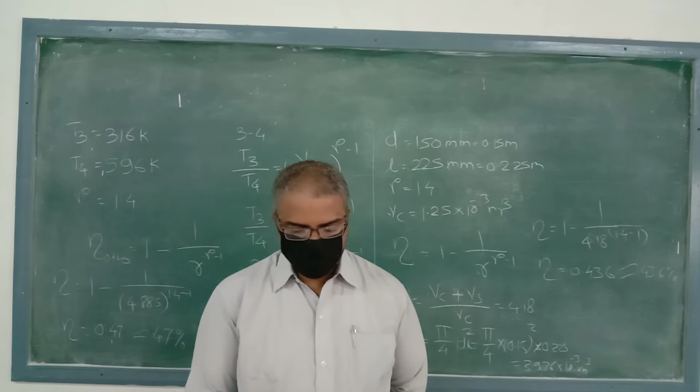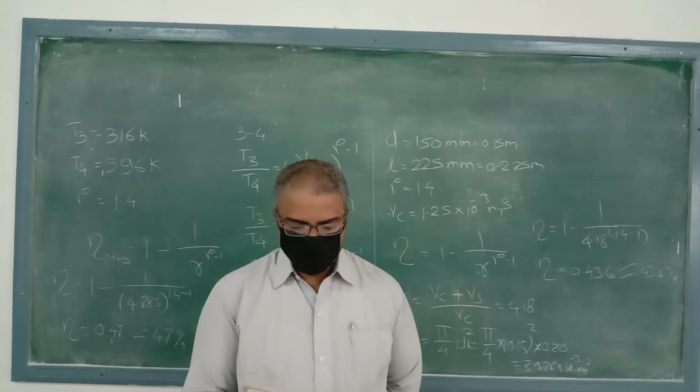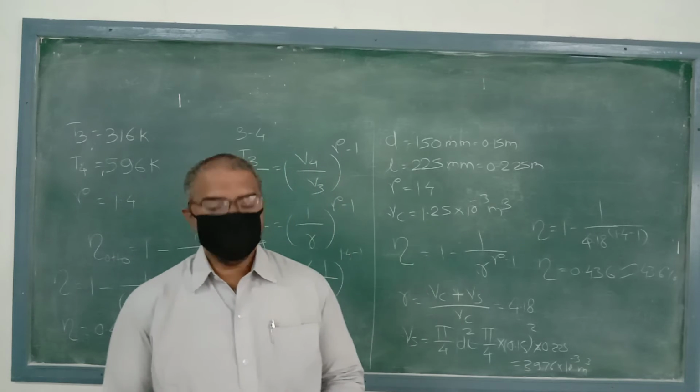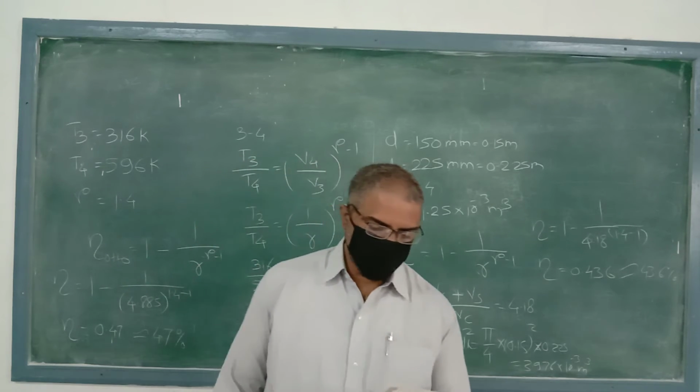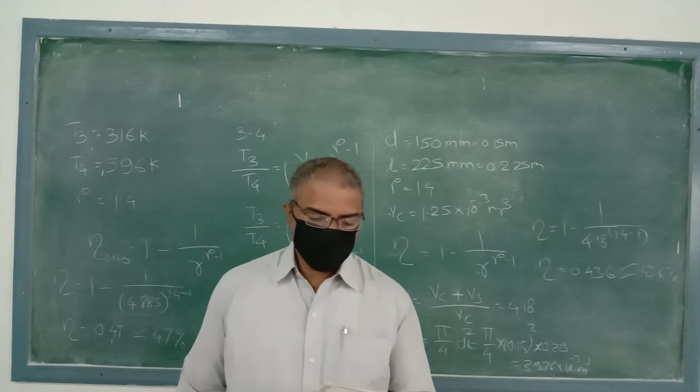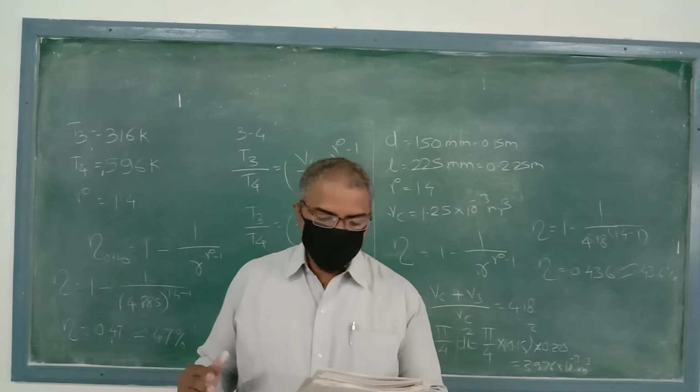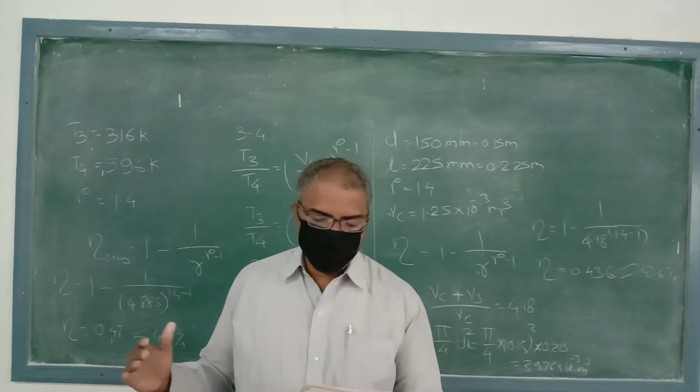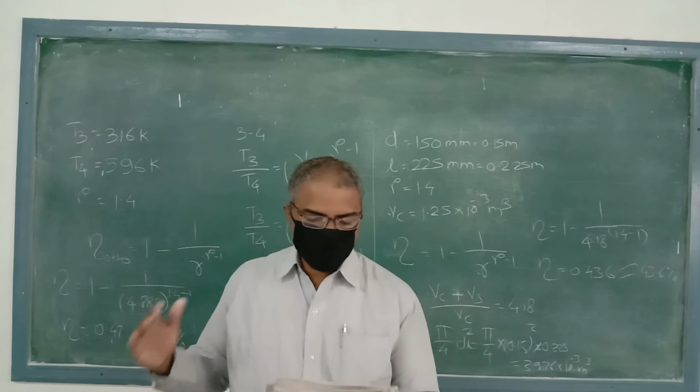Take gamma is equal to 1.4. So see, in this problem they have given the compression ratio and also they have mentioned fuel is cut off at 8% of the stroke.